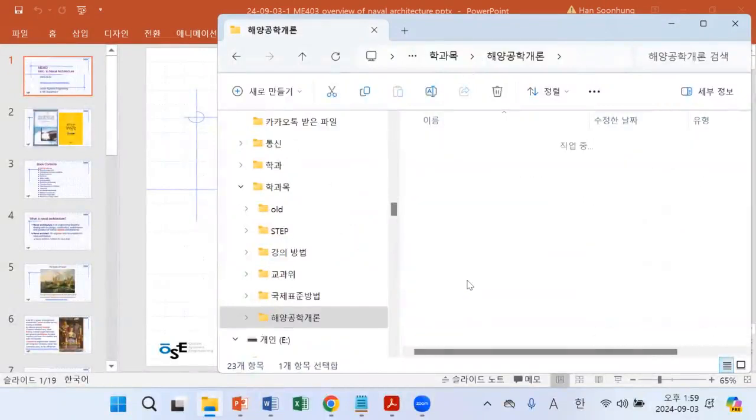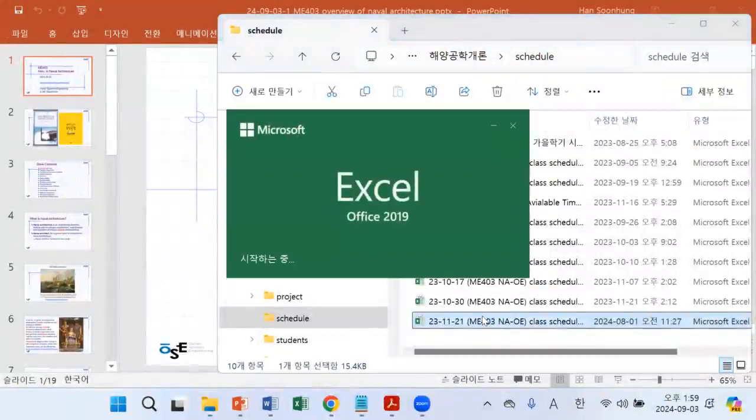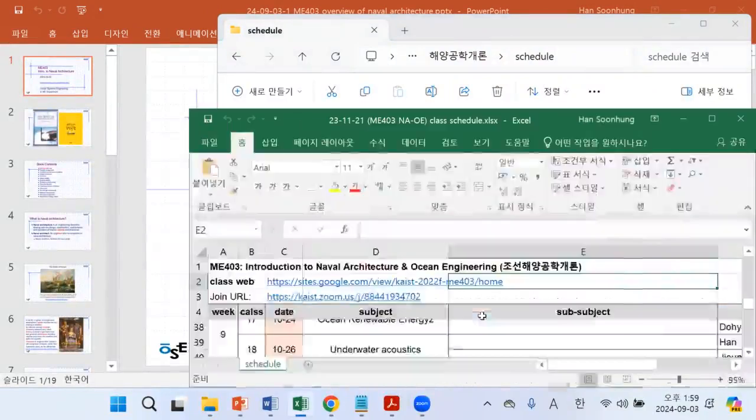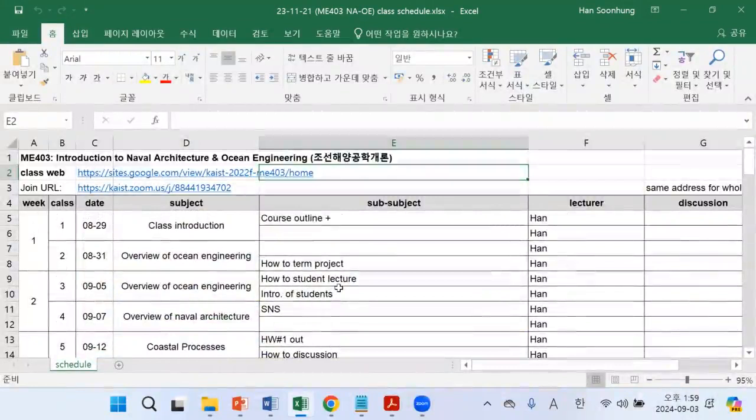Schedule. This is the old schedule from last year. We may start in this way, right? At the beginning, this is the first lecture, and today I also showed you the course.